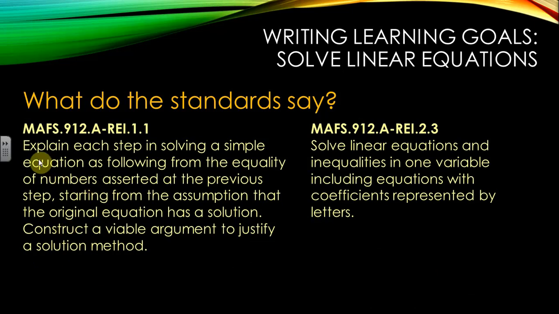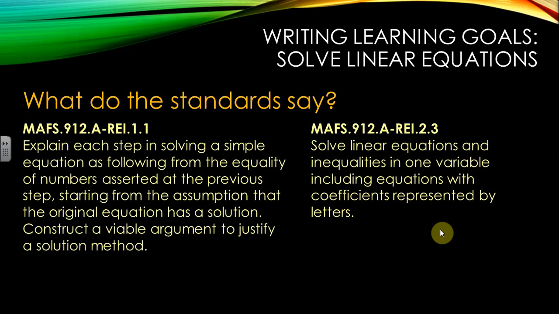A-REI 1.1 says, explain each step in solving a simple equation as following from the equality of numbers asserted at the previous step, starting from the assumption that the original equation has a solution. Construct a viable argument to justify a solution method. A-REI 2.3 says, solve linear equations and inequalities in one variable, including equations with coefficients represented by letters.